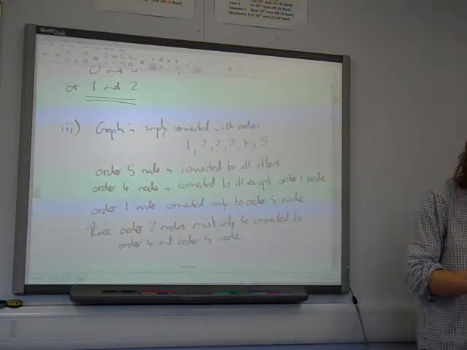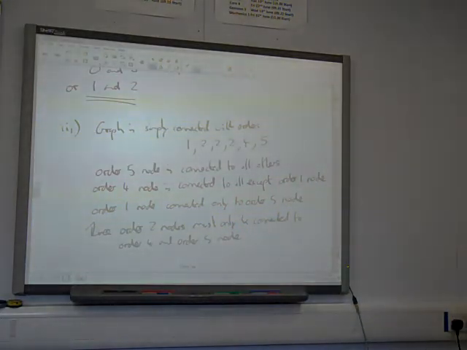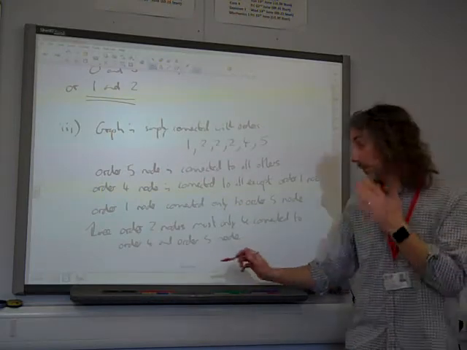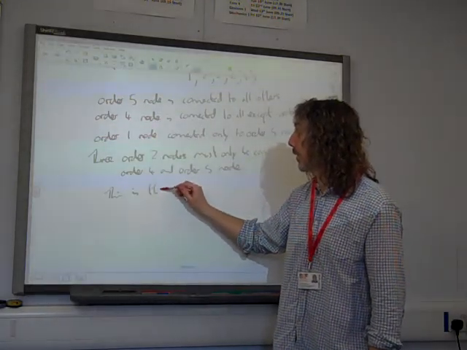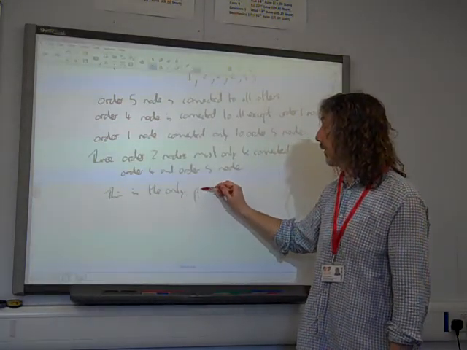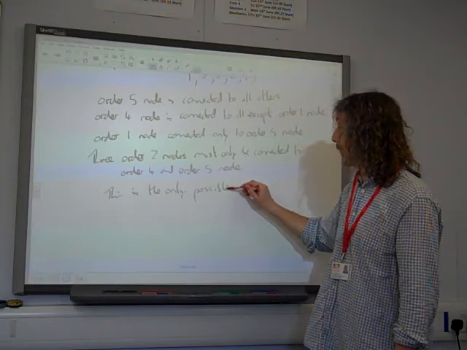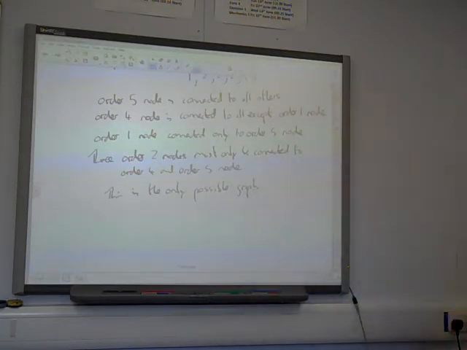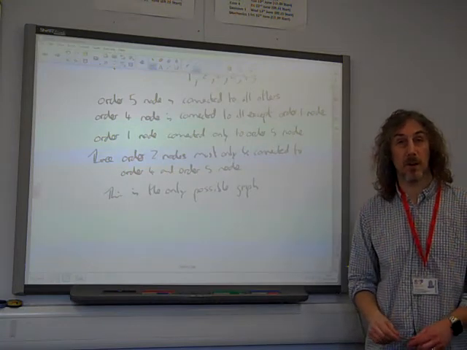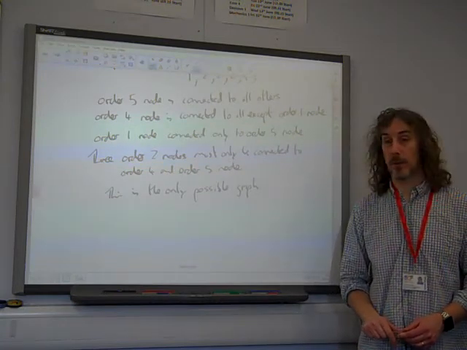And we've explained that, and they're not connected to each other. That's it. That's the only way. So that's the only possible graph. There we go. That's how we just needed to explain how everything was connected.